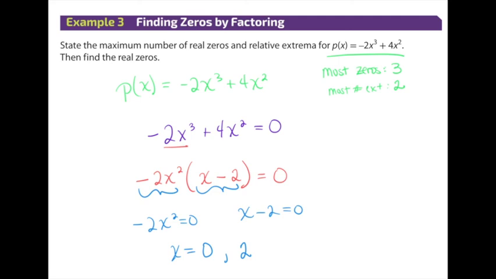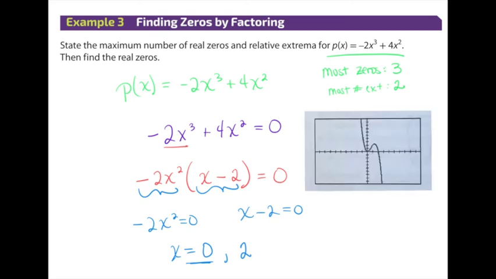Now, if you were to graph this function, all right, and they show you in the book the graphing of this function, you will actually notice that here it doesn't actually go through the x-axis. It actually just touches it. So if I look at the graph, you'll notice that here it actually got all the way there, but it bounced off and went back, and here it actually cut through.